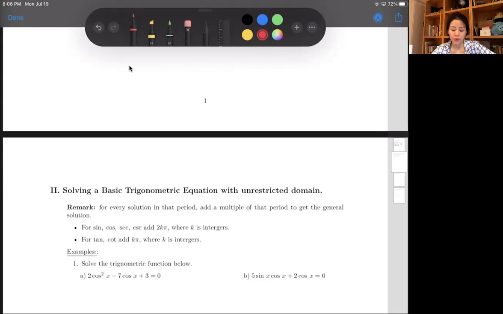If you remember, the period of sine, cosine, secant, and cosecant is 2k pi, where k is an integer, and the period of tangent and cotangent is k pi. So at the end of your answer, you want to add 2k pi if it's sine, cosine, secant, or cosecant, and you want to add k pi if it's tangent or cotangent.